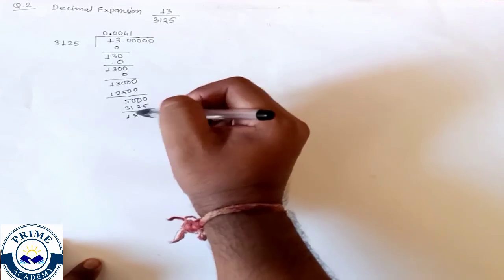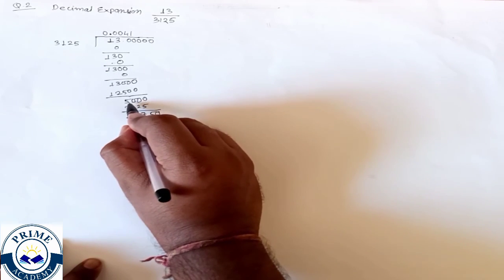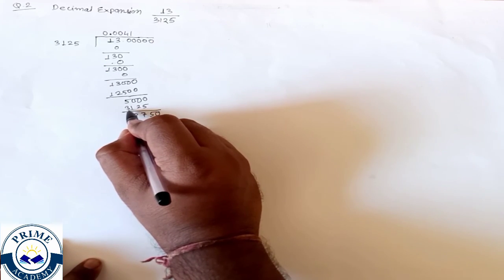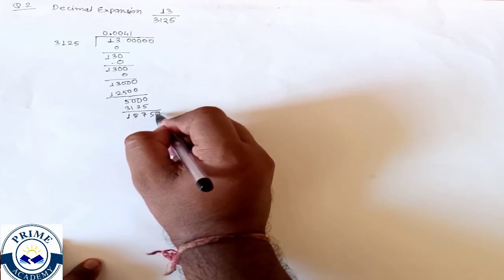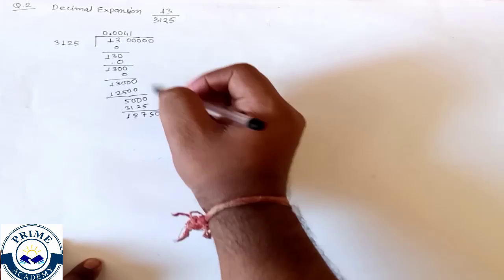Again you take a 0. This is bigger, this is smaller. 5000 minus 3125, you will get 1875. I put a 0 from here.